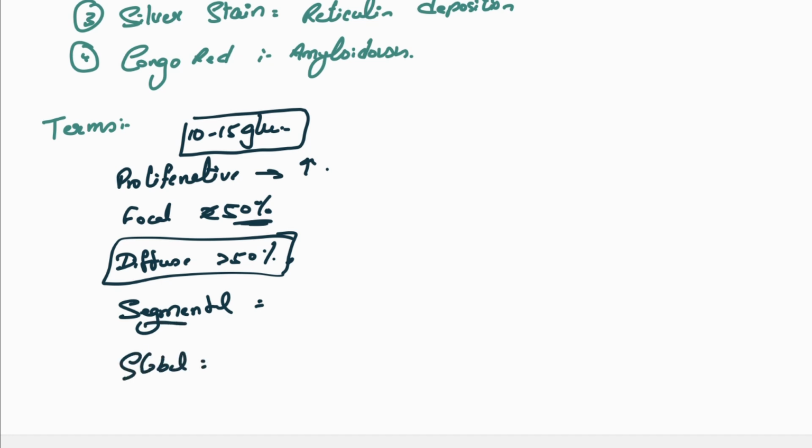If the entire glomerulus is getting affected in the disease, in that condition we call it global. For example, we call this focal segmental glomerulosclerosis or diffuse proliferative glomerulonephritis. So these are the names of the diseases that are present in the renal diseases.